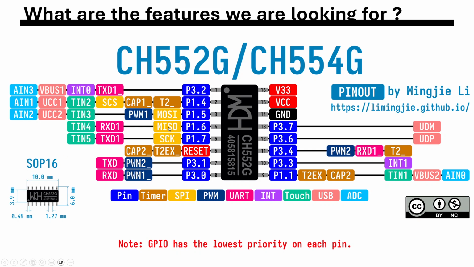This particular microcontroller comes in an SOP16 package with these dimensions, right? One thing that you need to note is this is a specific microcontroller where GPIO, or the pins, has the lowest priority, right? That means all other functions take priority when compared to its intended digital input output. So you have to look at it from the perspective of left to right.